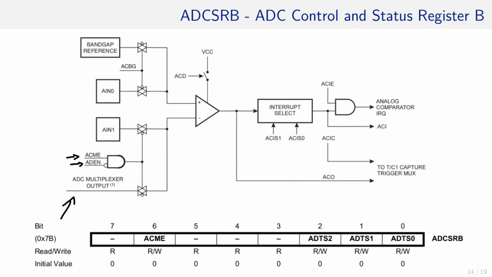What does it say here? Well, if the ADC is off, then ADEN is 0. Since ADEN is negated at the AND gate, this wire will be high if ACME is set to 1.